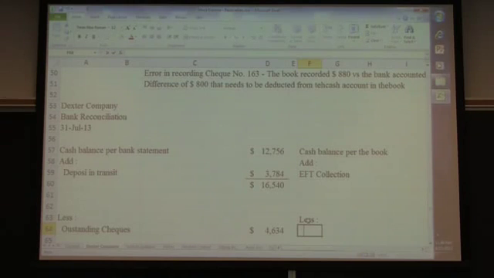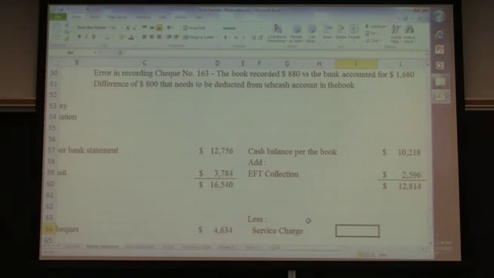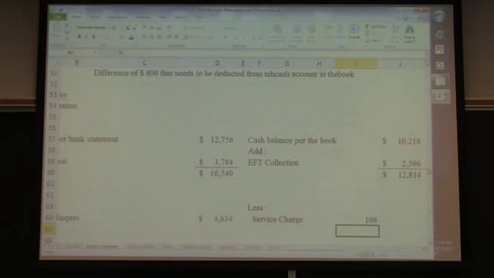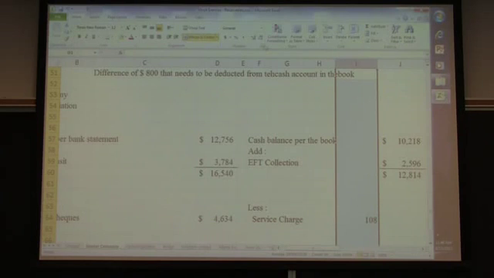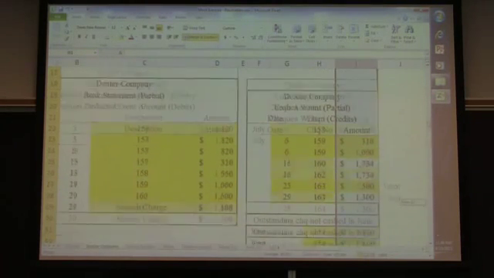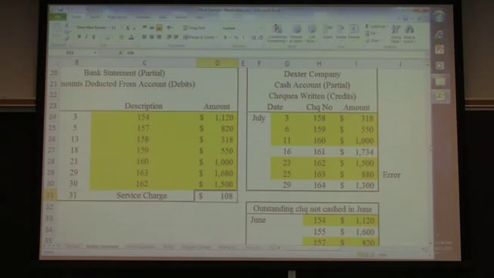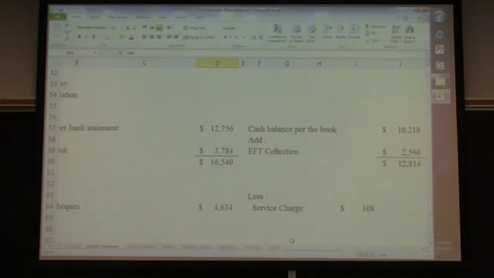And then we also need to correct some of the other items that we have not yet accounted for. We have not accounted for the service charge that showed up in the bank statement, and the service charge is $108. The other thing is to account for the error, because they have not deducted enough cash, so we correct the error.